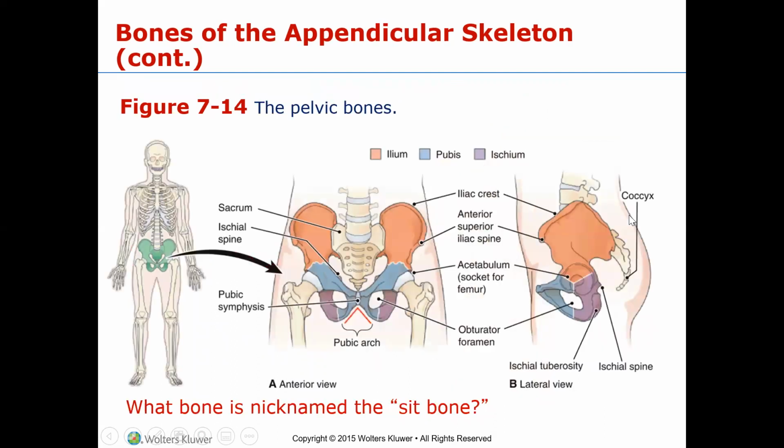The pelvis has both the ilium and the ischium. The ilium is this portion that's kind of like an orange. The ischium is this portion that we sit on. And we have one on each side of the pelvis for those bones.